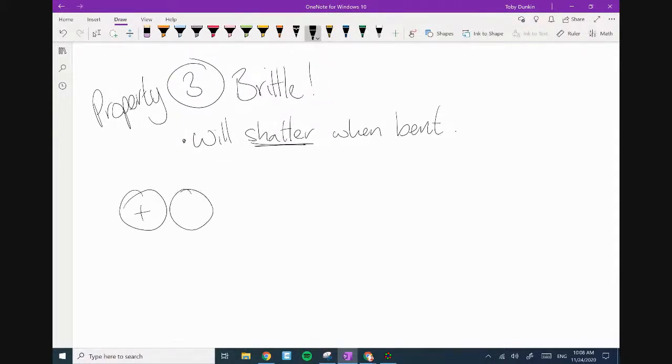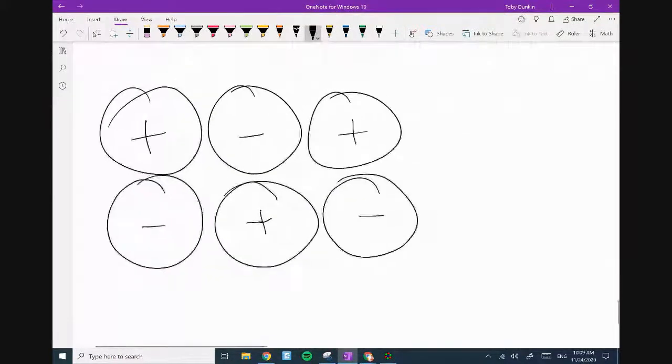Okay, so draw a diagram. Lattice. I'm just going to make it generic. Easily done. There we go. So we know that there is an immensely powerful force between every single one of these ions. These little lines like this.